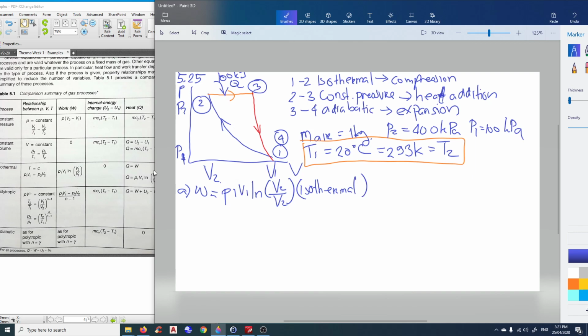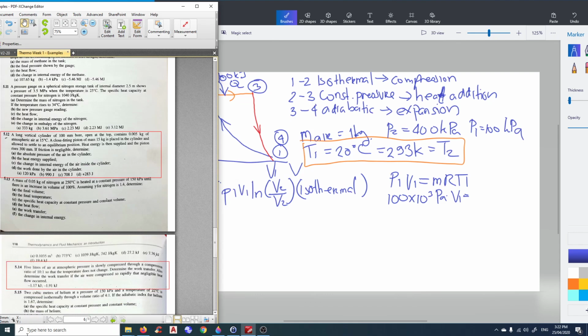Do we have all the information? Well, we have P1. We don't have V1 and we don't have V2. So we need to find V1 and V2. So let's find V1 first. We use this one, P1 V1 equal to mRT1. So P1 is 100 kPa multiplied by V1 equal to the mass of the gas.